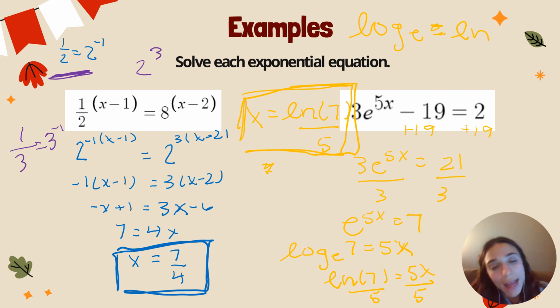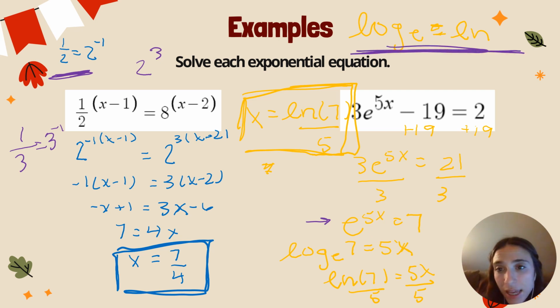The one over here on the right, you cannot have the same base, especially when you have e. Well, that's not true, but you can't have the same base because when I add 19 to the other side and divide by 3, I get e to the 5x equals 7. I can't make e and 7 have the same base, so I'm going to change it to a log. Now, when I change it to a log, I need to remember if I have log base e, it's the same thing as ln.